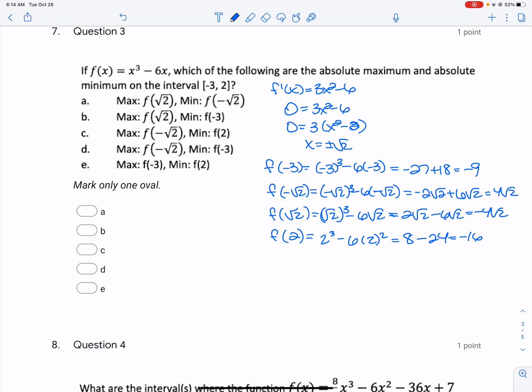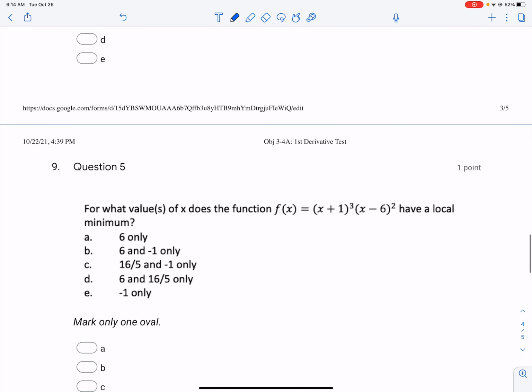So my minimum value is at 2. So I have either one of those situations. And my maximum occurs at a negative root 2. So it is C. Okay.